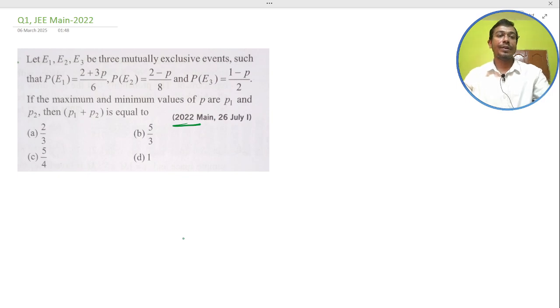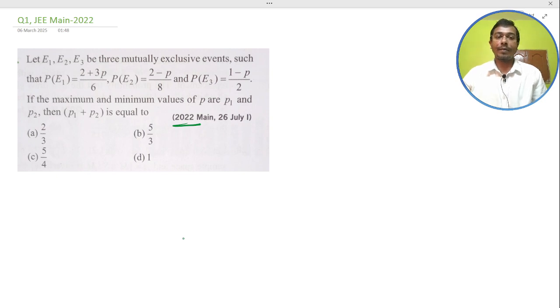Let E1, E2, E3 be three mutually exclusive events such that P of E1 is equal to (2 plus 3P) by 6, and P of E2 is equal to (2 minus P) by 8, and P of E3 is (1 minus P) by 2.